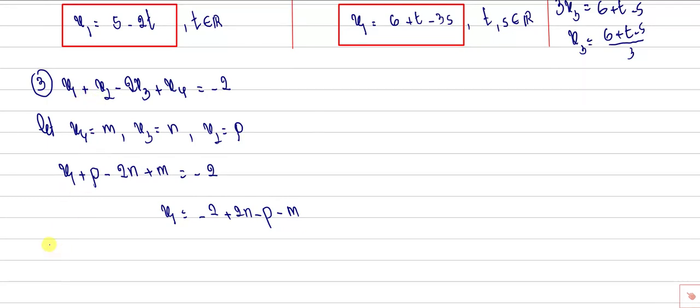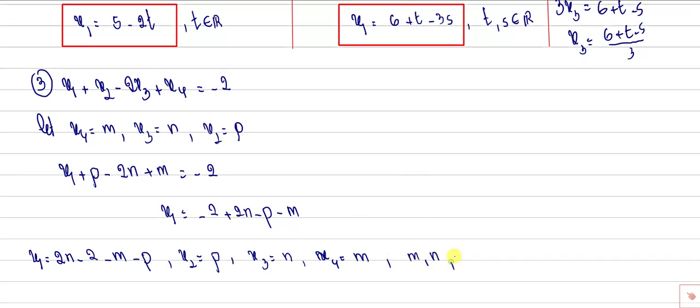So our solution set is x1 equal to 2n minus 2 minus m minus p, and x2 equal to p, and x3 equal to n, and x4 equal to m, where m, n and p belong to the real numbers.